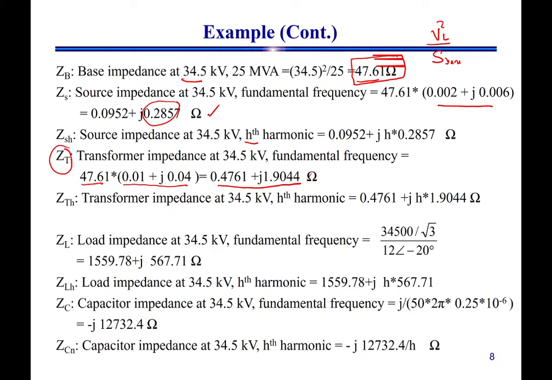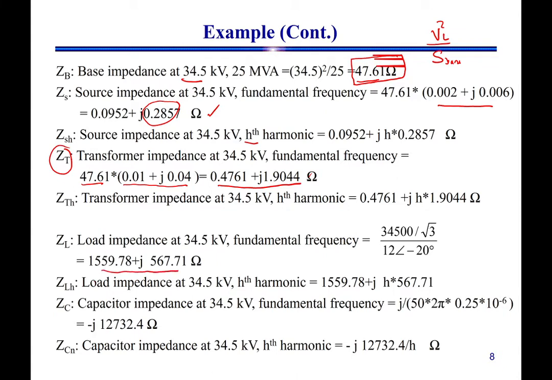The current of the load is 12. If we would like to find the load impedance, it will be the voltage, which is 34.5 kilovolt divided by root 3 to find the phase voltage, over the current. That will give us the load impedance.